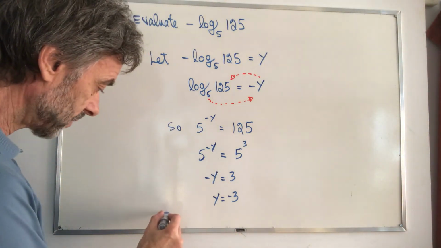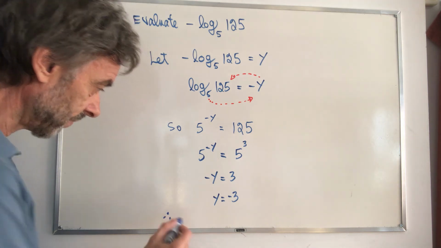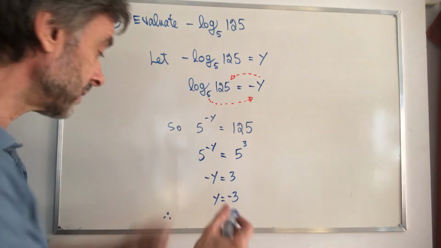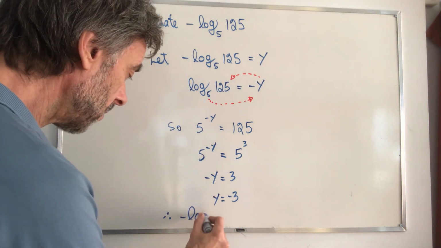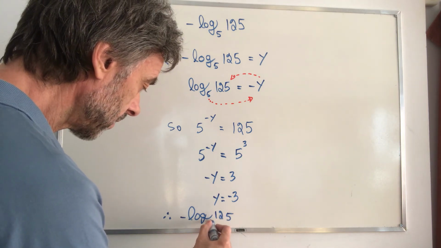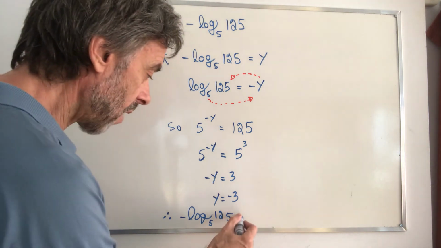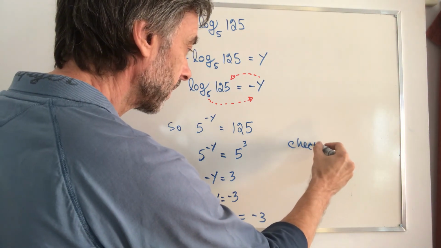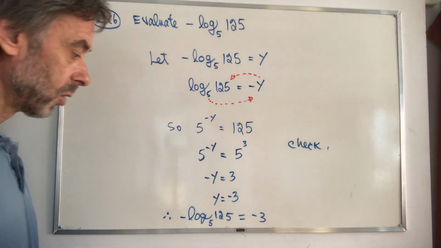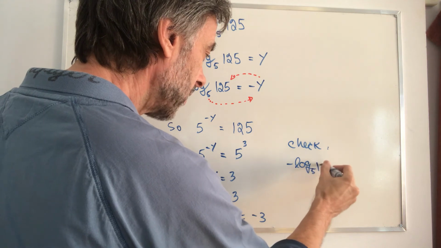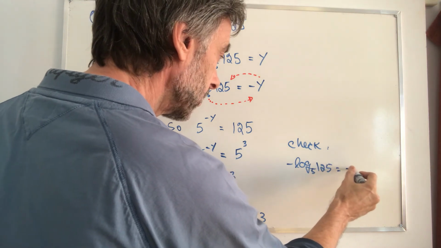Quick check. Well, actually before the check, perhaps write down the answer. y was basically what I called the original question. So, conclusion, minus the log of 125 base 5 is equal to y, which is minus 3. Quick check. Minus log base 5 of 125 is equal to minus 3.